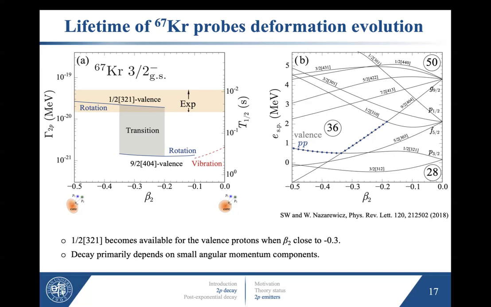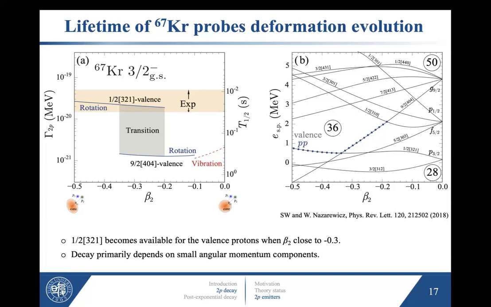But when the system becomes deformed, there will be level crossings, and the P3/2 orbital will be available for valence protons. As a result, it dramatically reduces the decay lifetimes. So the deformation is crucial for these decay properties.